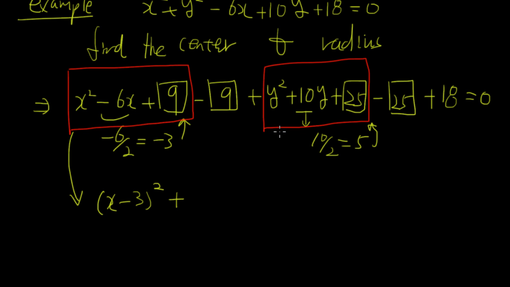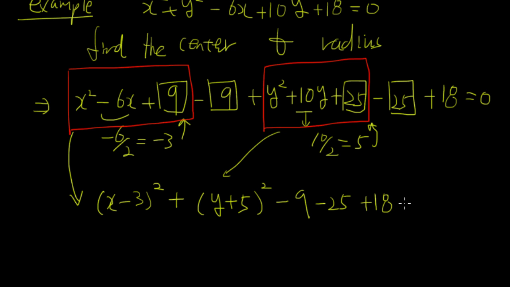And this will become y plus 5 and another 5. So we have negative 9, negative 25 plus 18 equals 0.